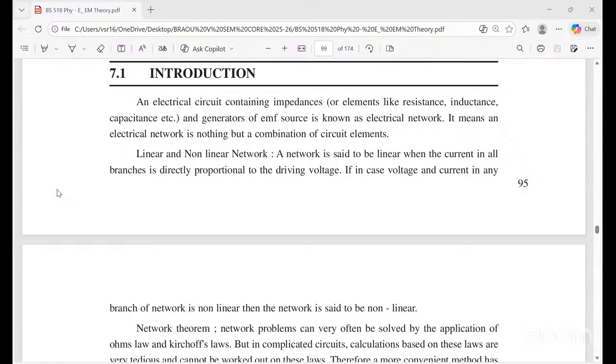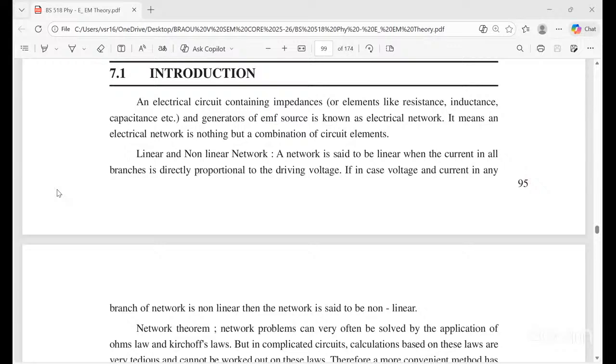So an electrical network is nothing but a combination of circuit elements. If we say linear and non-linear network, a network is said to be linear when the current in all branches is directly proportional to the driving voltage.